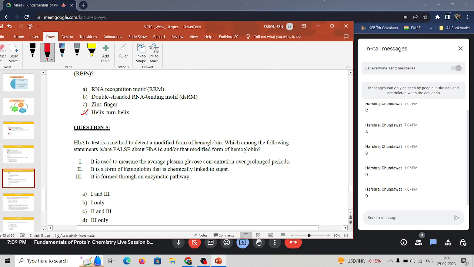So it's formed by a non-enzymatic glycation pathway. So basically number 3 is the incorrect answer. So how does glycation vary from glycosylation? I assume there's a glycosidic linkage in glycosylation.